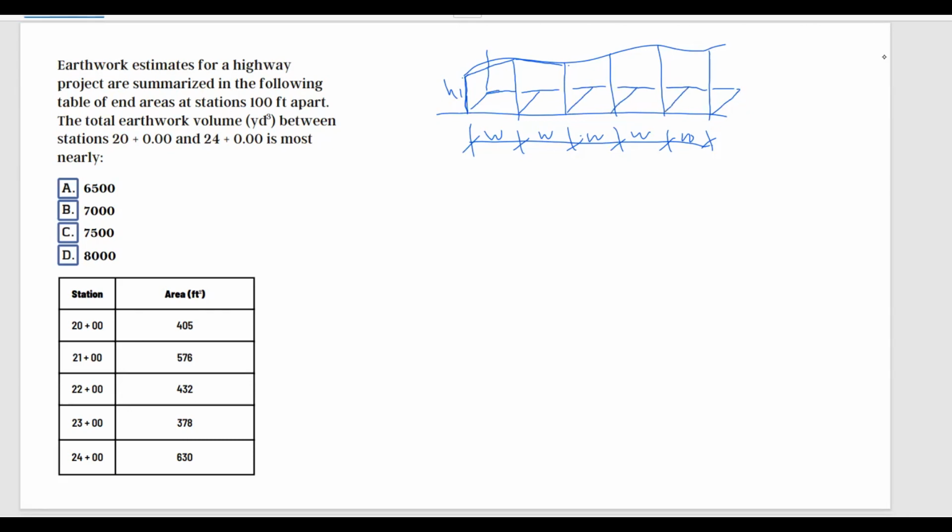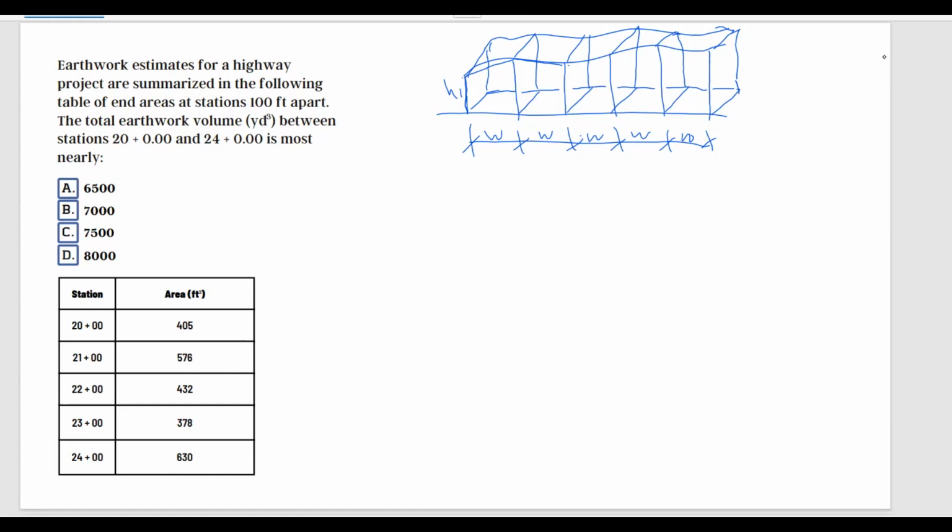Perfect, so we're going to do the same thing.